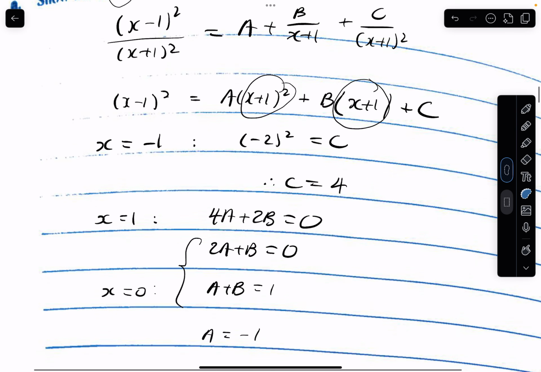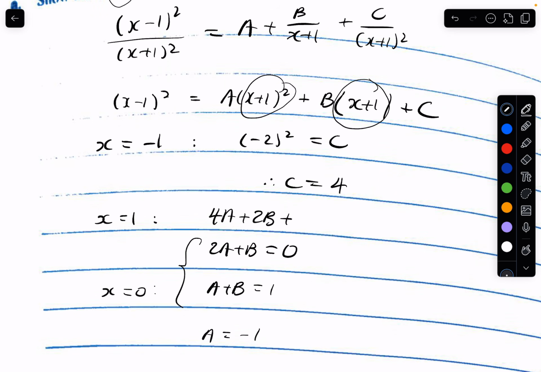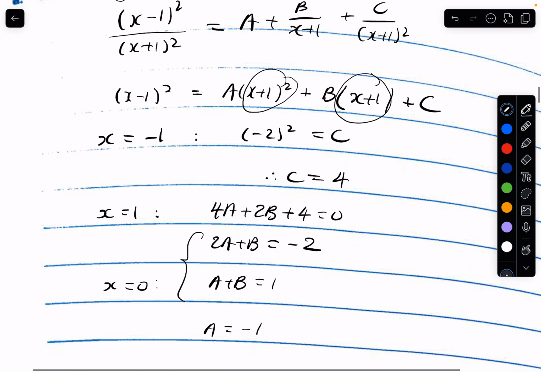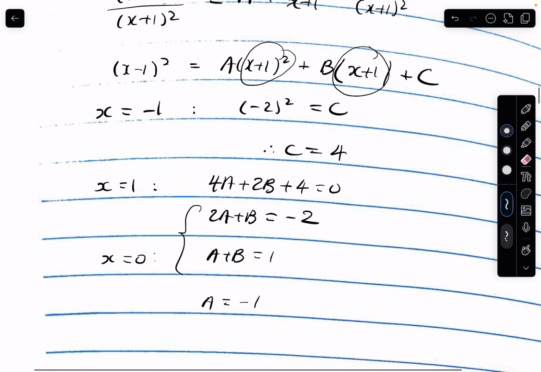Okay, so in the x is equal to 1, 0 is equal to 4a plus 2b, and then plus 4. So 2a plus b is equal to negative 2. And then for the next one, it should be a plus b plus 4 is equal to 1. So a plus b should be equal to negative 3.